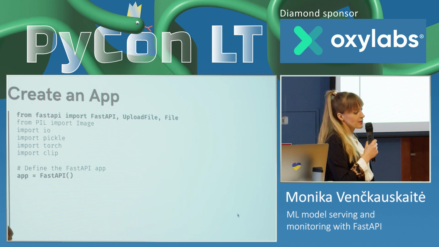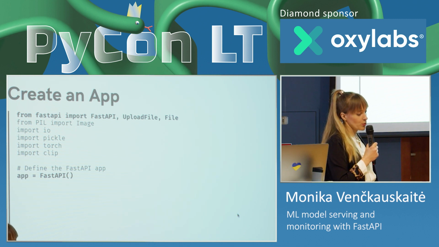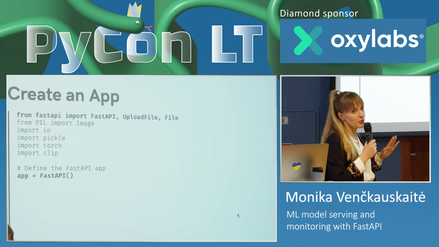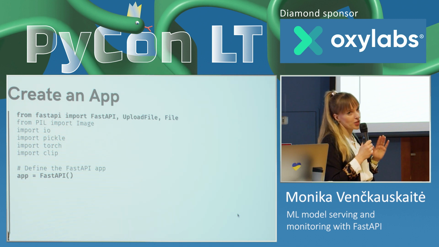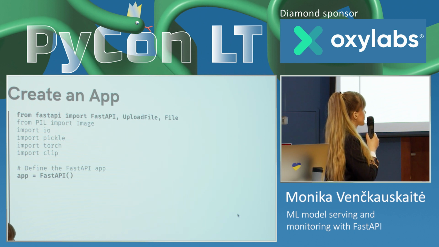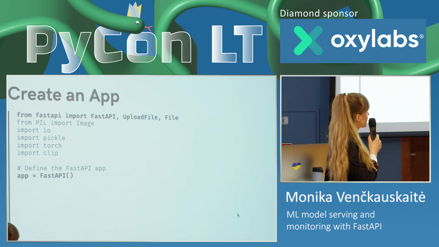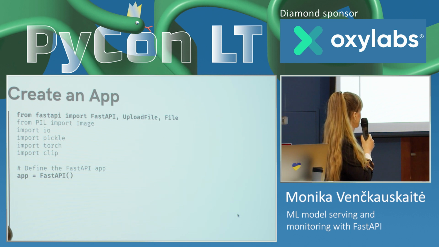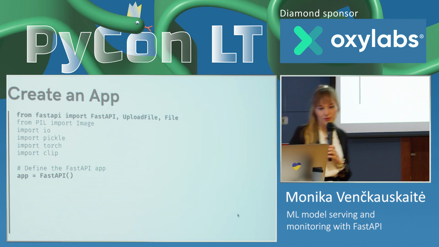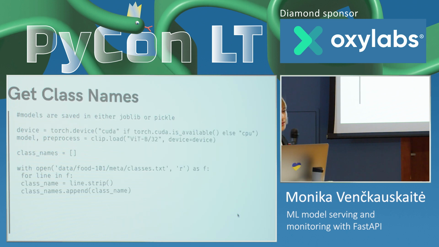I kept the lines related to FastAPI in bold, so you will see how little I need just to get started. First of all, I just imported FastAPI, imported some file objects, and then I defined the FastAPI app. It's very similar to Flask at this point.